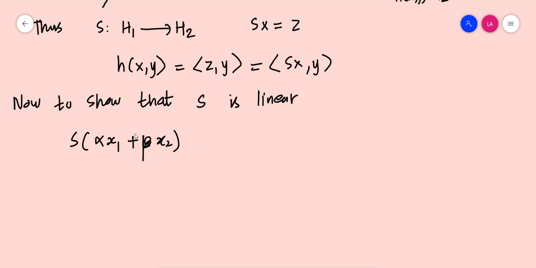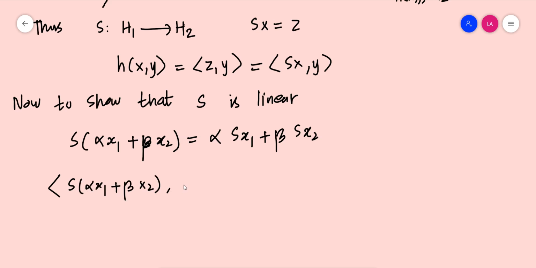So in order to establish the linearity, we have to operate on this. We have to prove that this should be equal to alpha Sx1 plus beta Sx2. So in order to do that, take this inner product S of alpha x1 plus beta x2 comma y, which by definition is h of alpha x1 plus beta x2 comma y.